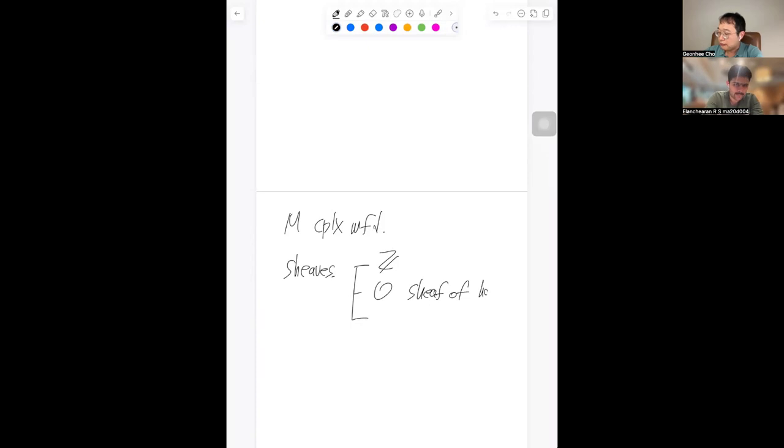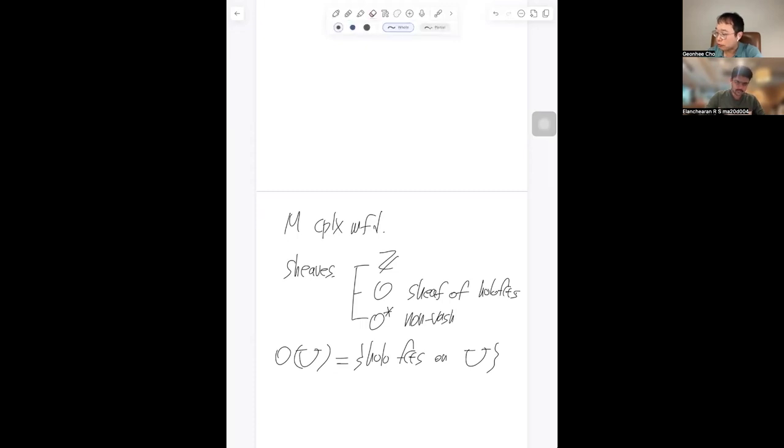This just means that if you plug in open subsets, then this will give you the holomorphic functions defined on U. That's the meaning. And there's an O star that we already used. This is the sheaf of non-vanishing holomorphic functions.